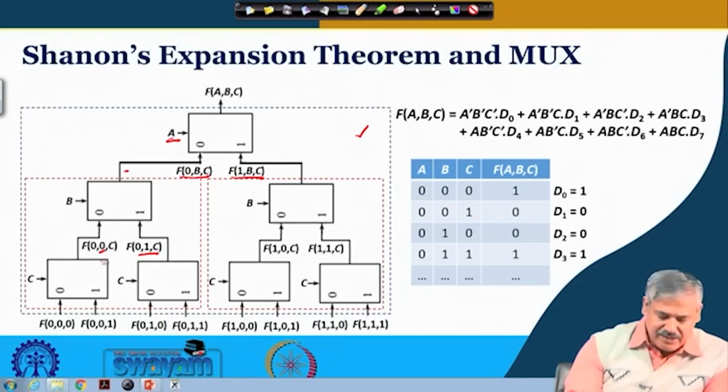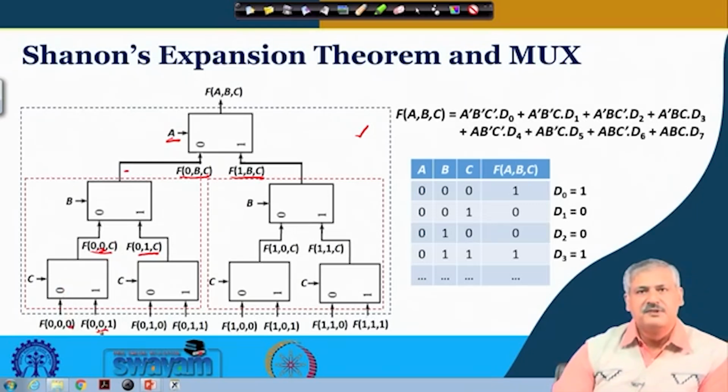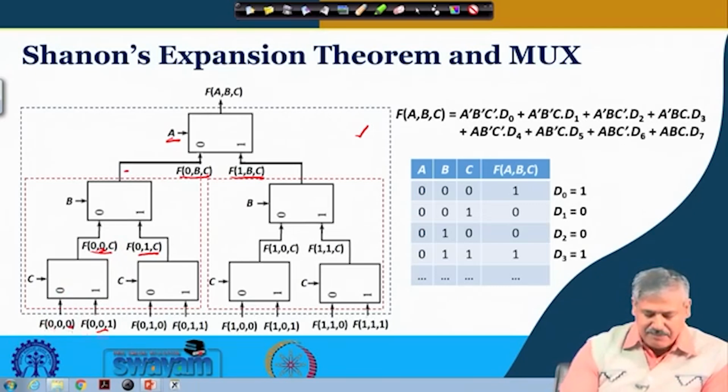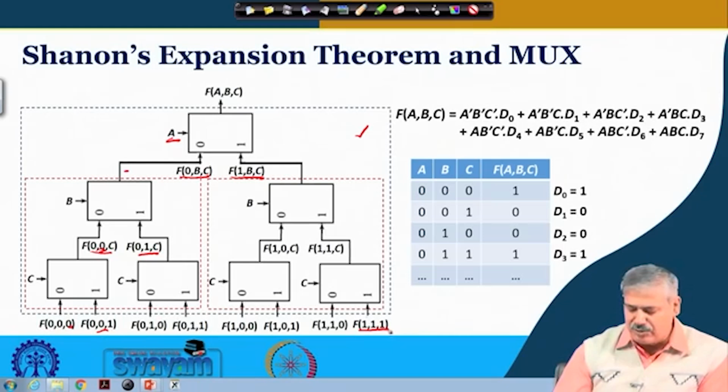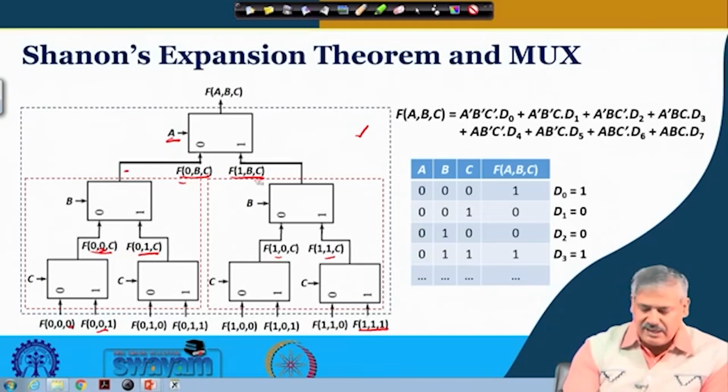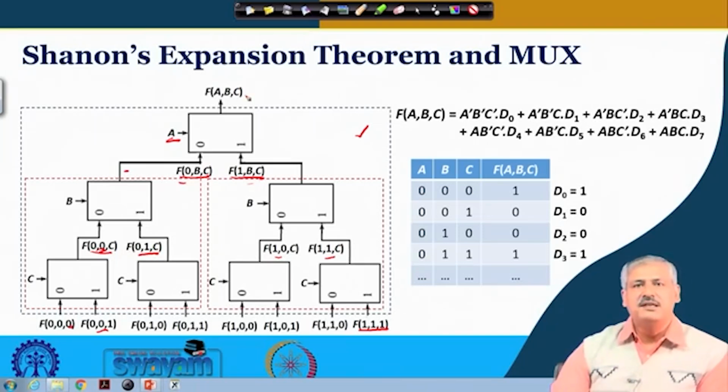And finally, for F00C, if C is taken as the select input, C equal to 0 is this term and C equal to 1 is this term. Accordingly, we have these 8 possibilities, F000 to F111 over here, and the individual outputs generated at every level follow Shannon's expansion theorem, the nested version that we had seen in each of these cases.